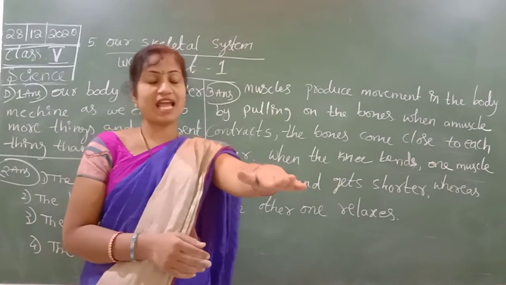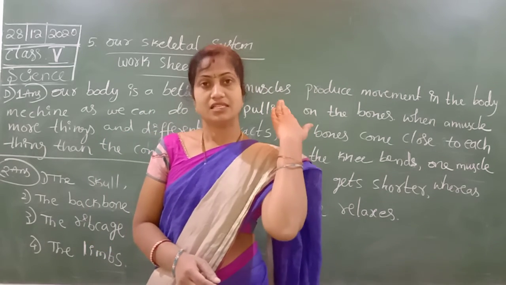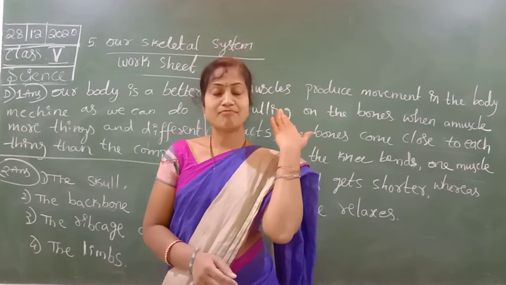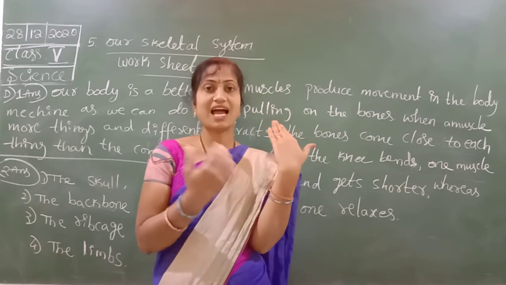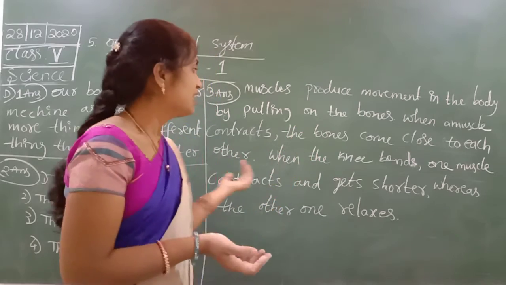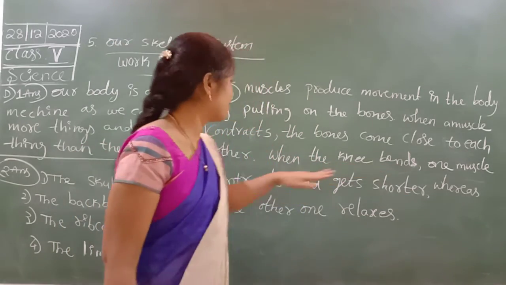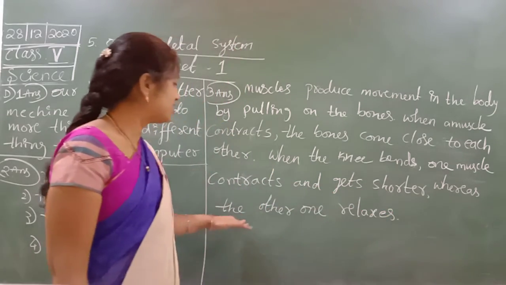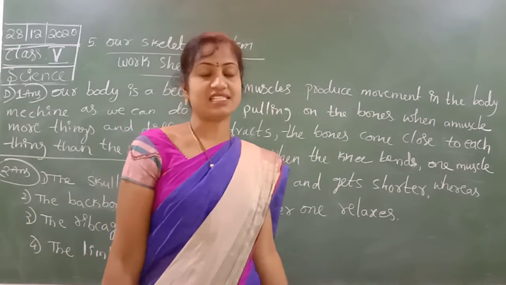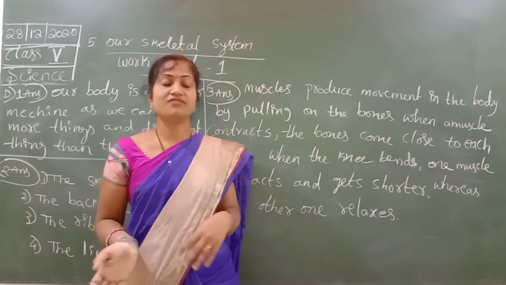So like this, knee or elbow. Here the back side means it is shorter. Okay, the other one relaxes. Here the knee bends. One muscle contracts and gets shorter, whereas the other one relaxes. Like that, the bone and muscle work.